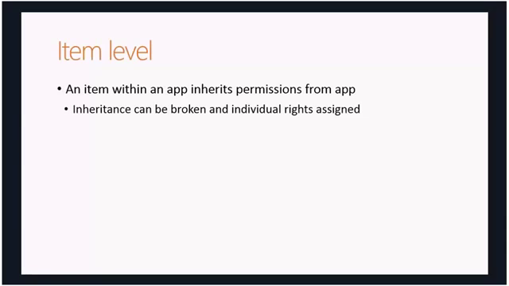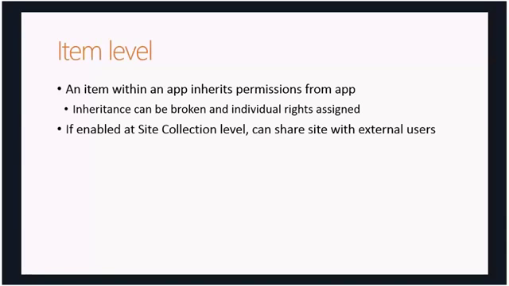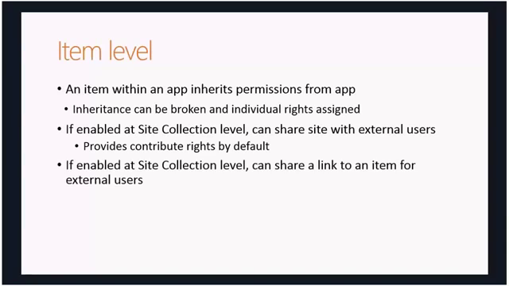And the same thing applies with individual items within the app. So for an individual document within a document library, you can control the rights that a user has, but remember by default it inherits those rights. So again, don't forget those items, if set to share, will be available to be shared with any external users.